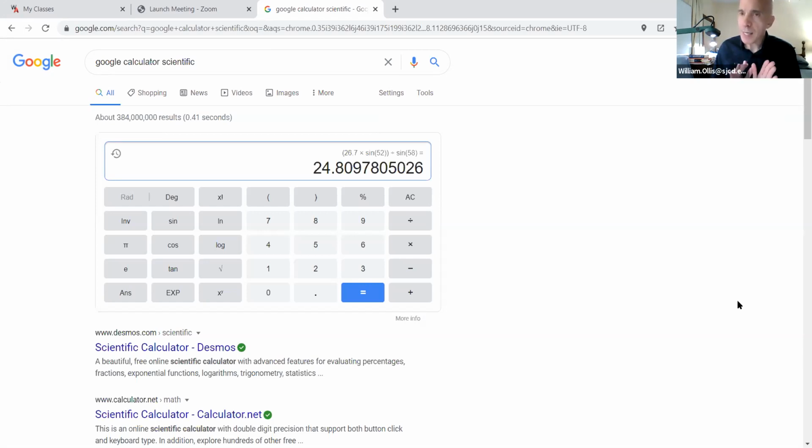So the key here is that when you want to reuse something, I will recommend that you run your answers to several decimals so that you can round to 1 and not have round off error. That way everything is good. You don't worry about being off a decimal place or whatever.